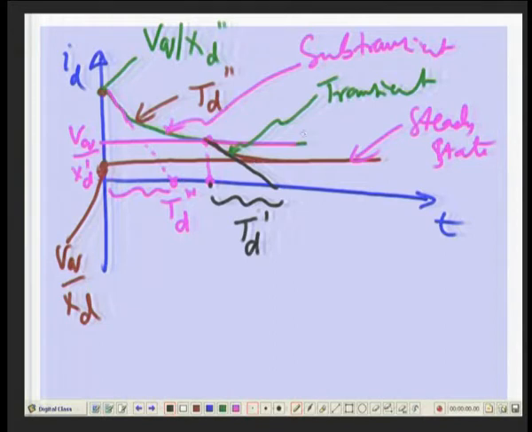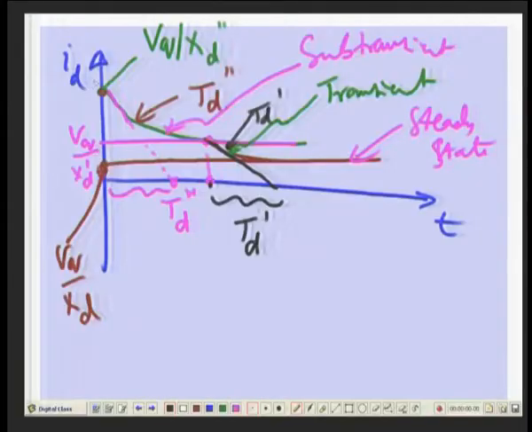Here it is governed by the time constant Td dash. Initially it is Vq by Xd double dash, Vq is fixed anyway, then it dies down to Vq by Xd, because we know Xd double dash is 15 percent, let us say. So, it will go to several times the short circuit current, then it will go like this.